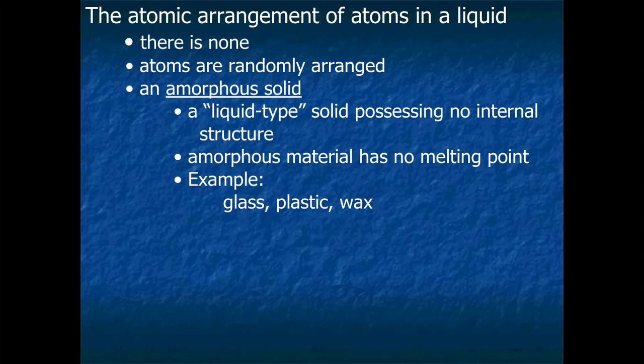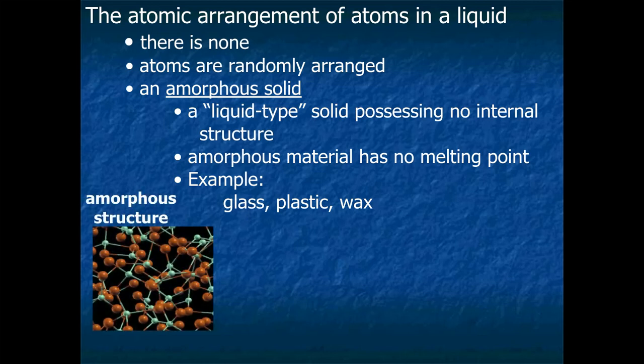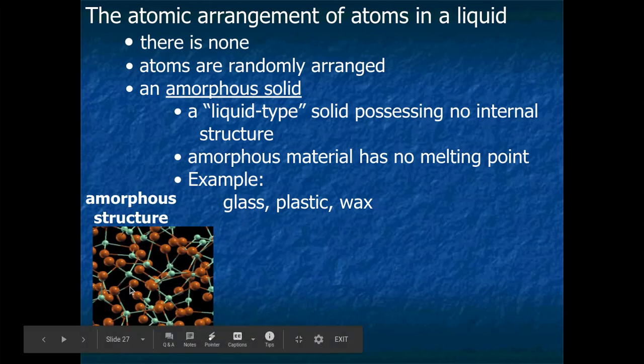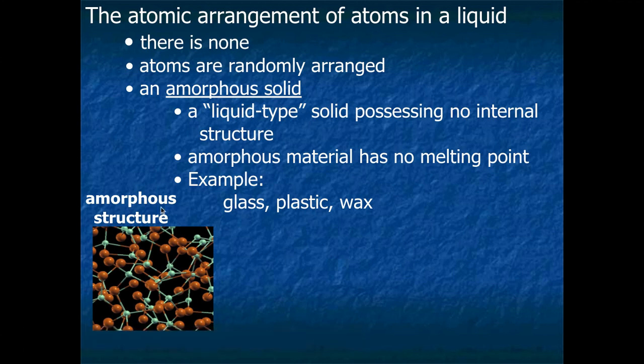Wax would be considered amorphous. And so when you look at an internal structure that's amorphous, you may observe something like this at the atomic level. So here you see a series of atoms that are all bonded and combined together, but very randomly arranged. That would be something that's amorphous.